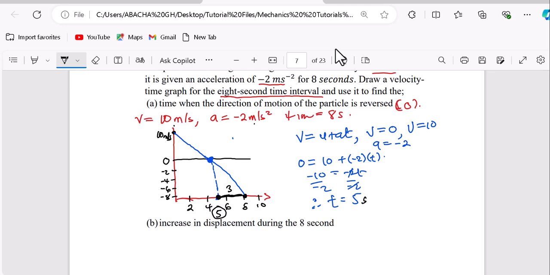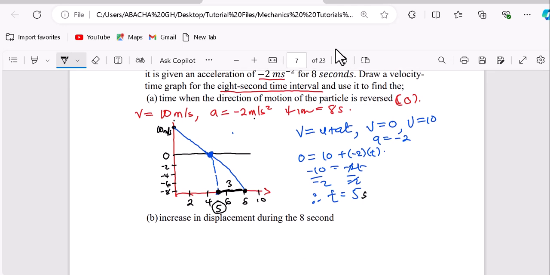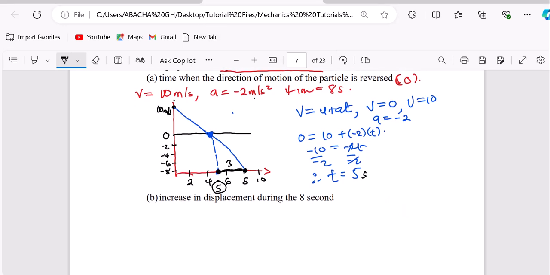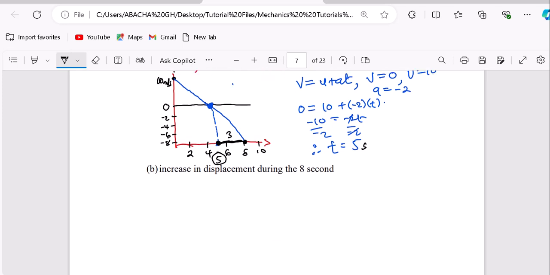And then what will be the velocity? So how do we get the velocity for this place? Let's use the same equation, v equals u plus at, and we know that our a is -2 for the whole period.